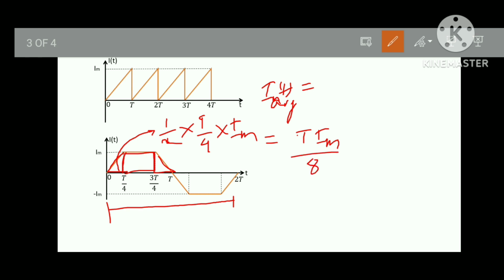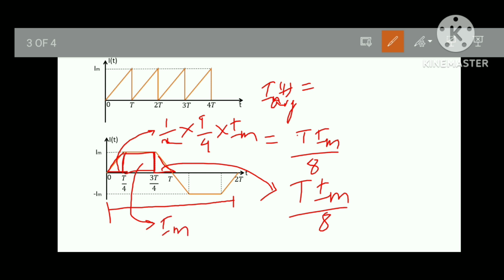Similarly, the other triangle has the same area, T Im upon 8, and the area of this rectangle is Im into T upon 2.